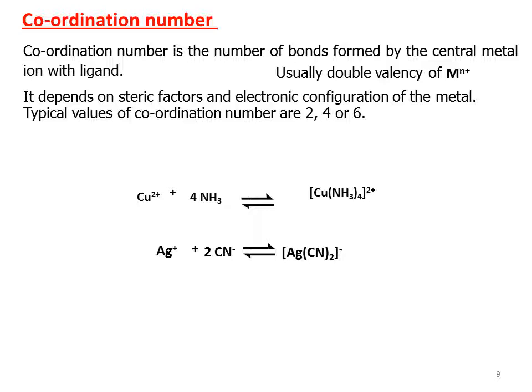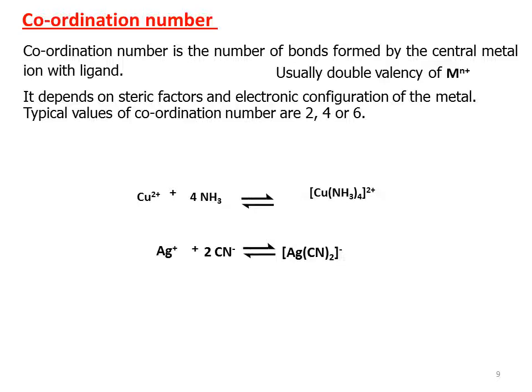Another example, like silver and cyanide: you will see that the silver should take 2 ligands, or 2 cyanide moieties. The end result of the valency of this complex is -1. Why?